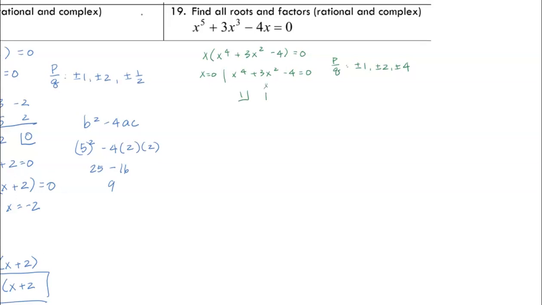1, x to the 4th, 0, x cubed, 3, x squared, x is going to be a 0, -4. 1, 1, 1, 1, 4, 4, 4, 4, 0.